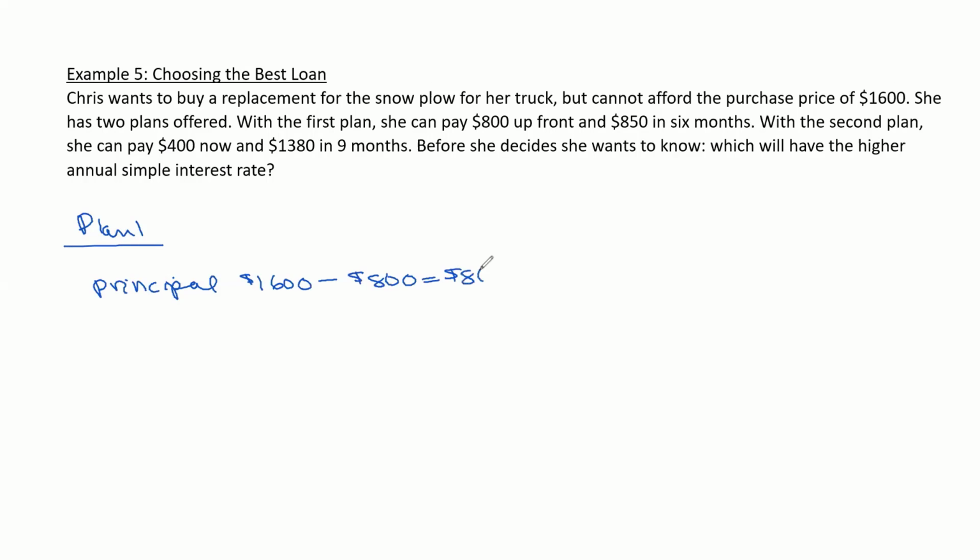So she's going to actually borrow $800. And she has to pay $850 in 6 months. So her time is 6 months. We divide that by 12 months, and it's 0.5 year.